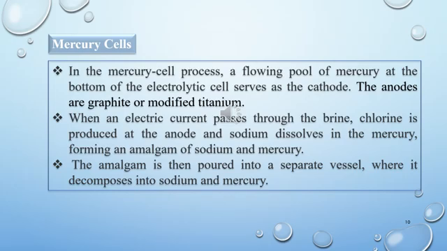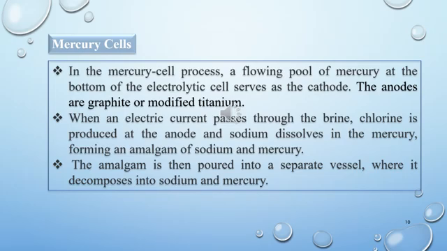What is the meaning of these 3 points? In the first point, he said that in the Mercury cell process, the flowing pool of mercury at the bottom acts as cathode. In electrolytic cell, a flowing pool of mercury acts as cathode and the anode is formed of graphite or modified titanium.